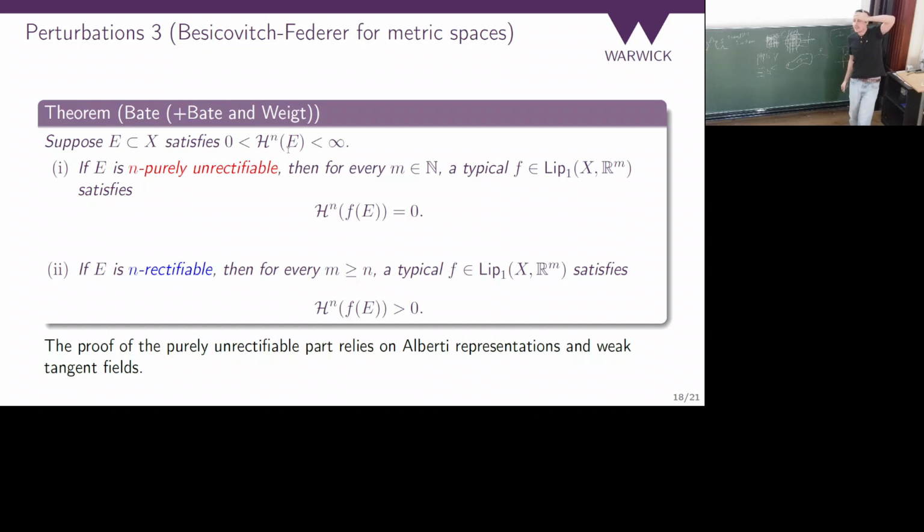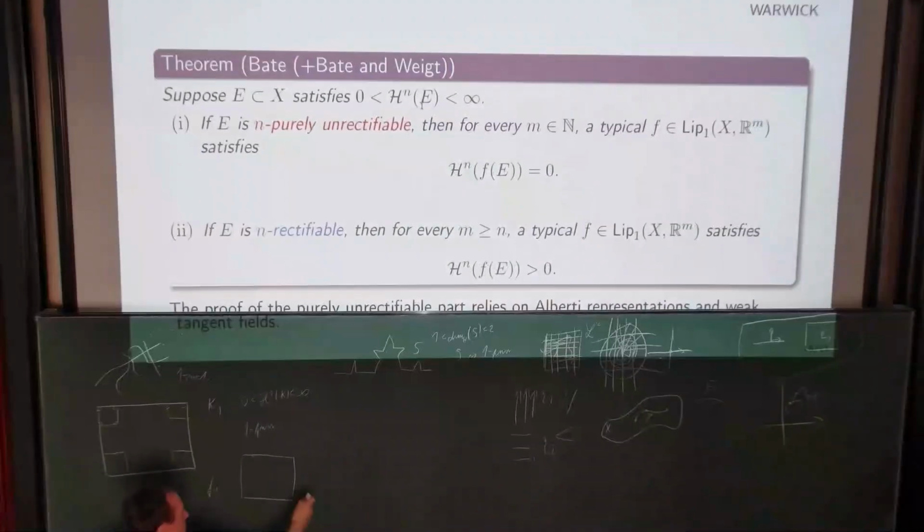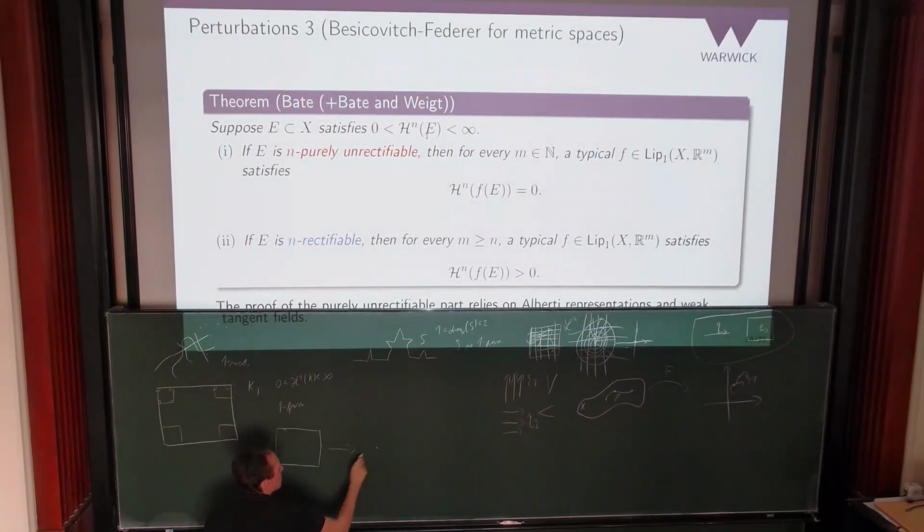But actually, let's look at the four-corner Cantor set, right? I'm going to show you a sequence of maps that you can construct. Let's say you have F1, and that just goes from the unit square and maps everything to a point. It's a constant map.